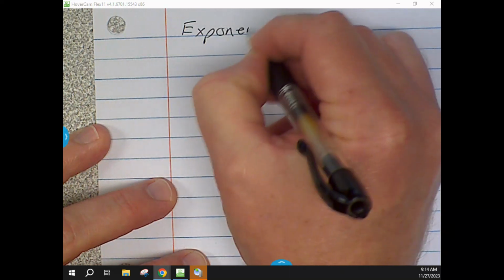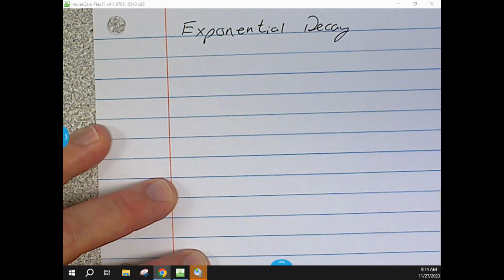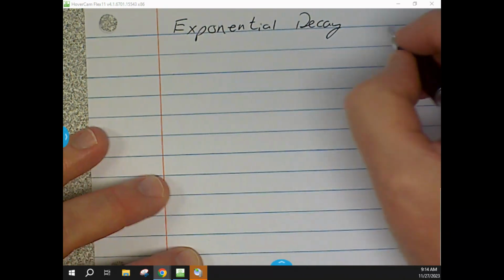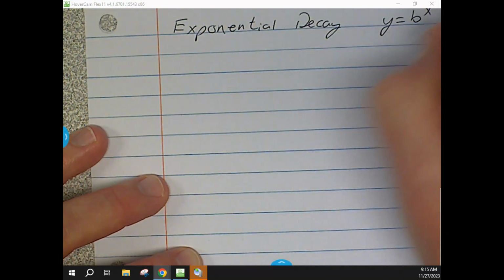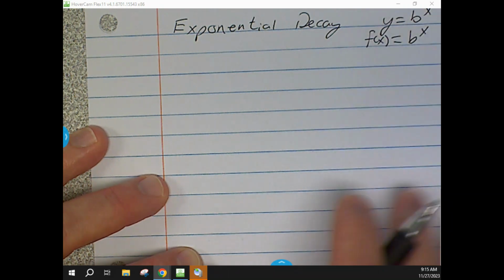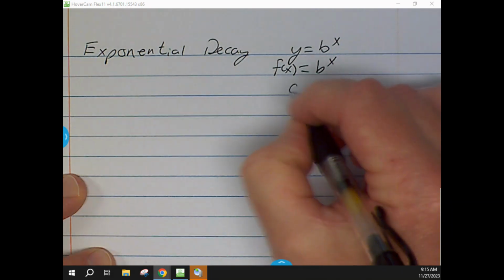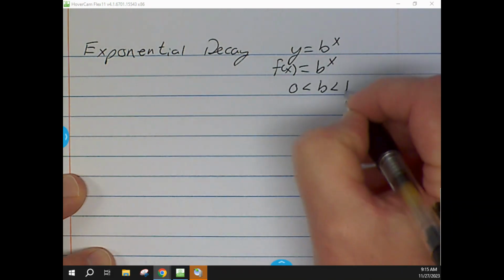And then we have exponential decay. Whether that's y equals b to the x or f(x) equals b to the x, it doesn't matter what it is. In that case, your base is somewhere between 0 and 1.